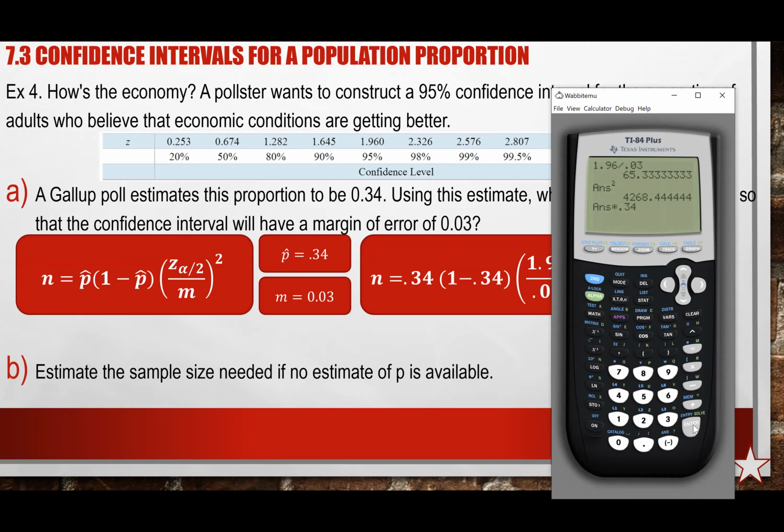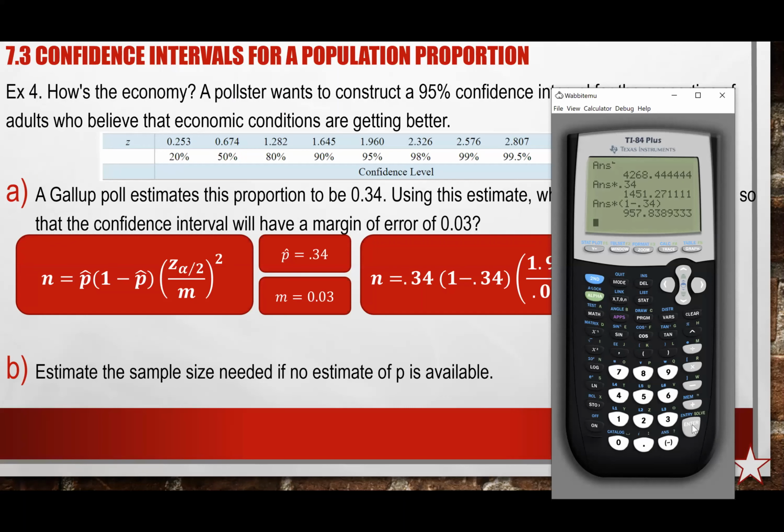And then whatever the answer is, I take that and multiply it by 1 minus 0.34. And then again, this is what I have. So if you want to, you can do it that way, typing a small step at a time and just telling your calculator to do it.